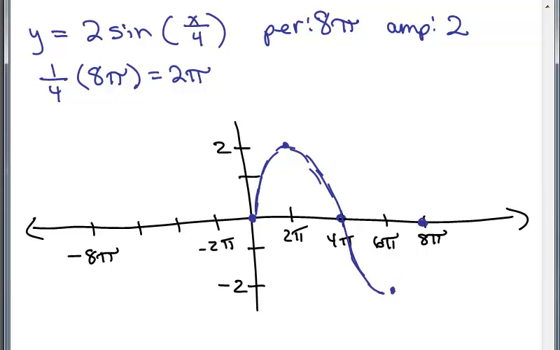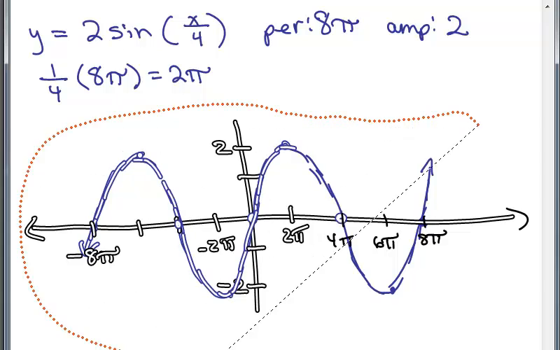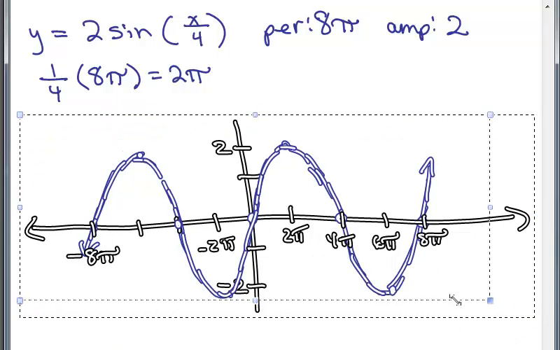Now you could make a chart. Let's do a few more over here because it just repeats itself. So this will be graphing 2 periods. All right, if you had made a chart, let's make this just slightly smaller to give myself some room.